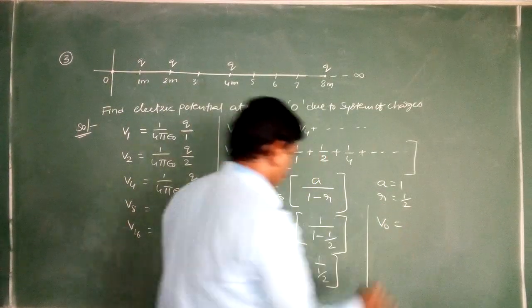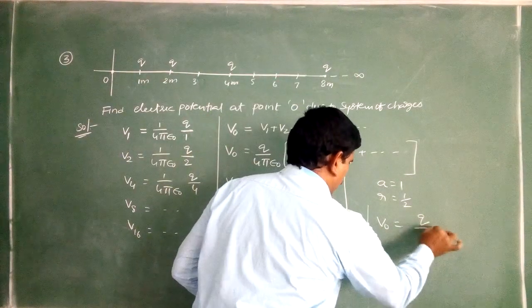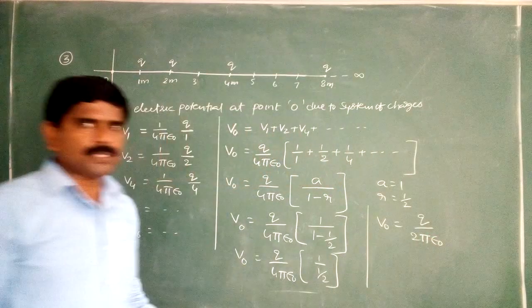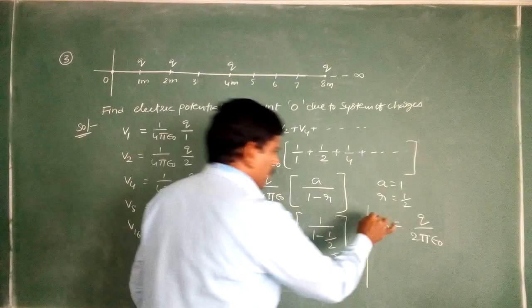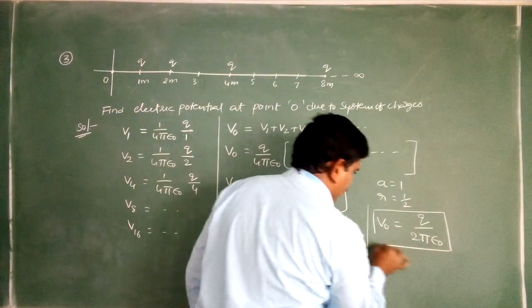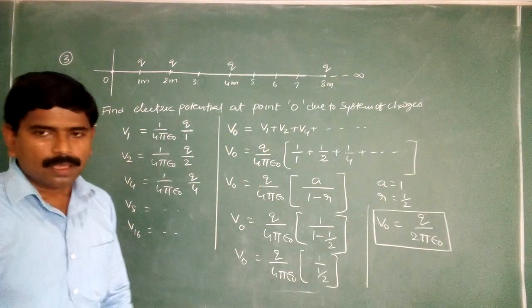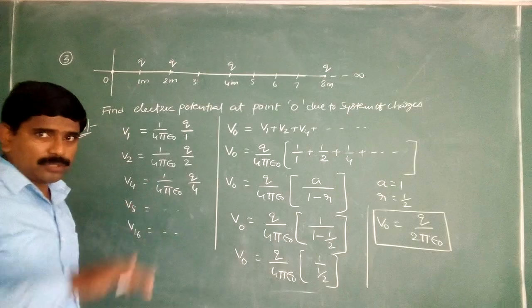Therefore V naught is equal to 2 times, cancel. Therefore Q by 2 pi epsilon naught. So this is the electric potential due to the system of charges at the point O, the origin.